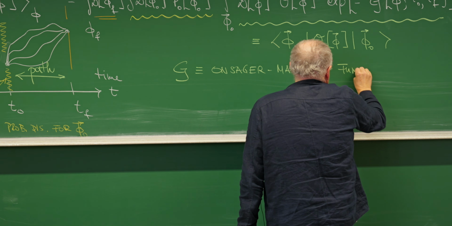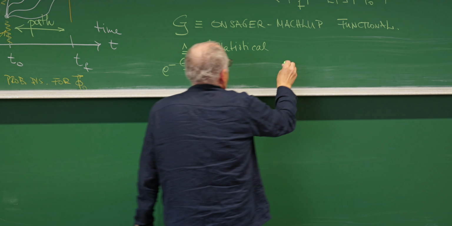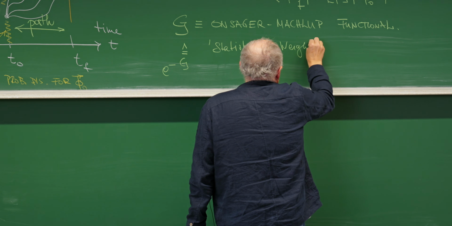And it corresponds to a statistical weight, or let's say e to the minus G is the statistical weight for a field trajectory, phi of x and t. This is the setup that we would like to use.